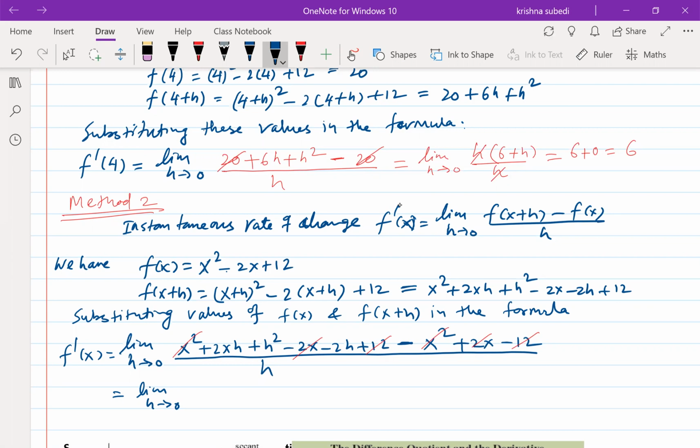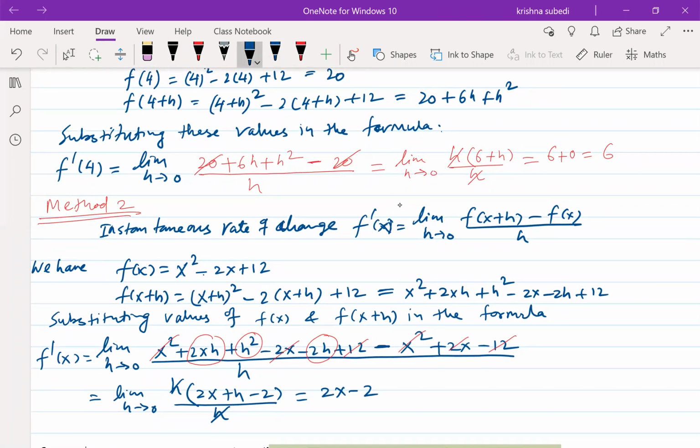So in this case, what you can do is take h common from the remaining terms. Remaining is 2x plus h minus 2, over h. So the h cancels out. I'm left with, substituting the value of h now, 2x minus 2. Okay, that is the general equation for the slope of the tangent line.